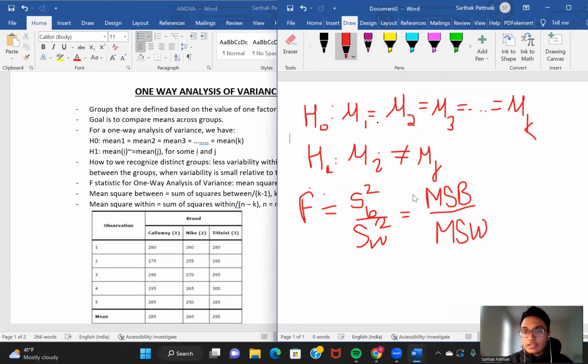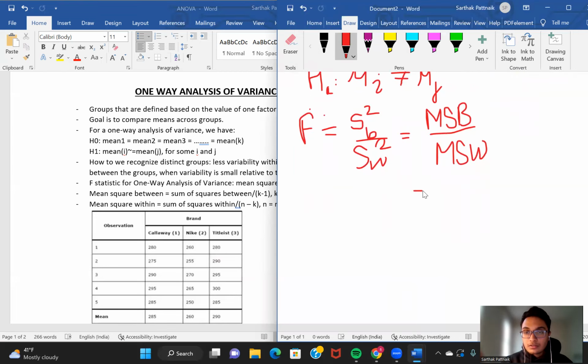Now, how do I calculate the mean square between and mean square within? Well, you know that from our previous discussion on ANOVA table, the value of mean square is equal to the value of sum of square divided by the value of degree of freedom.